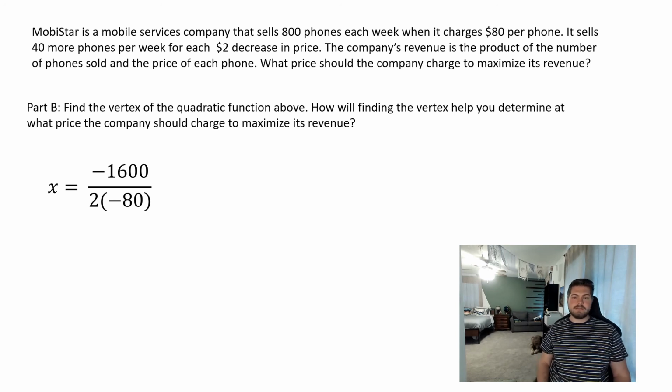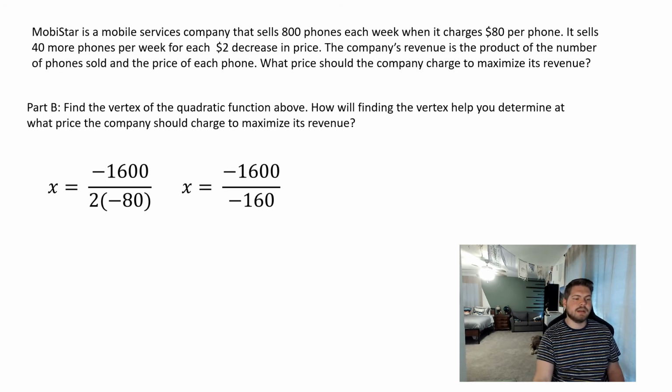If we do negative 1,600 divided by 2 times negative 80, this will be what our x should be when we have our vertex. So let's start with negative 80 times 2. We get negative 160. Negative 1,600 divided by negative 160, we get 10.